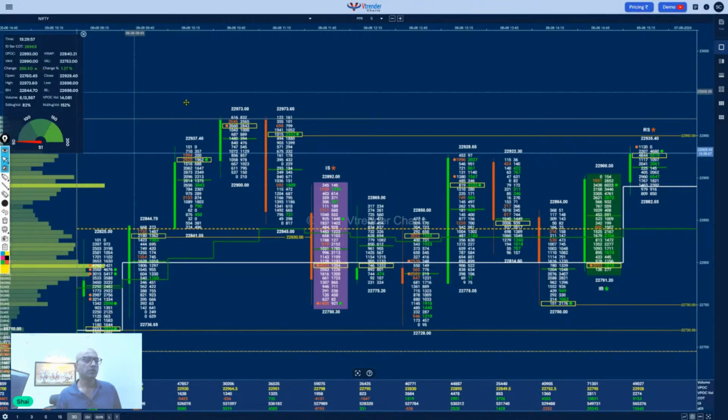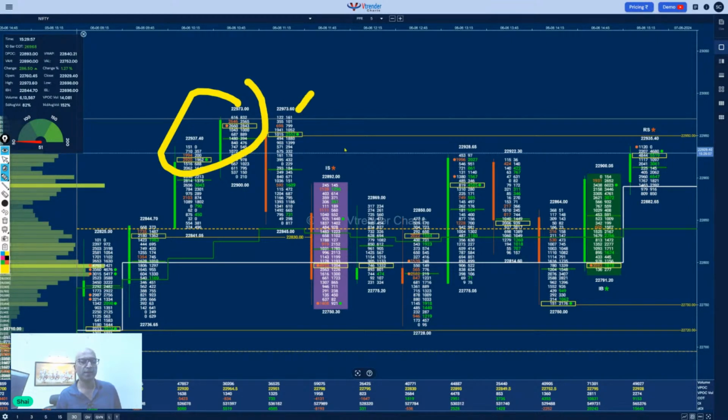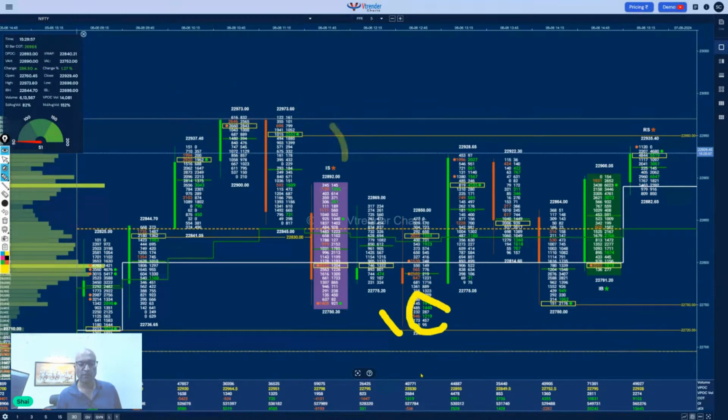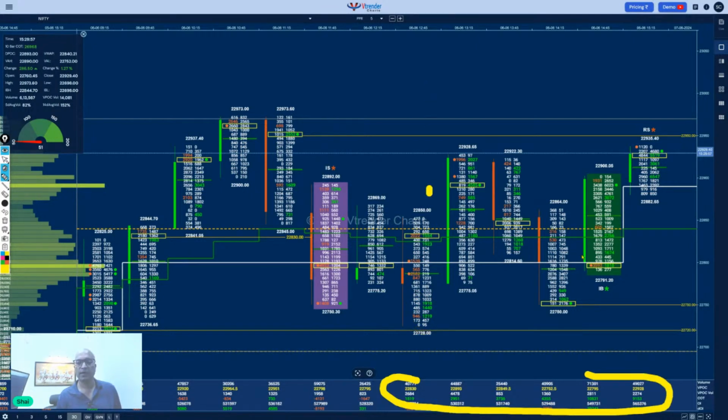Early on, there was a lot of red which came in, and this is what we call a responsive selling pattern. An initiative seller came, and we had to make new lows because of that. But down over there, there was a lot of buying which came in, and the COT was positive right through from about 12:30, 12:45 in the afternoon.